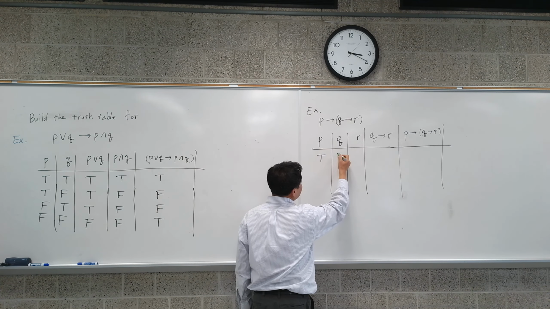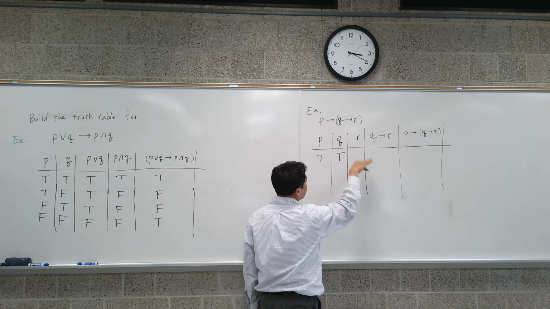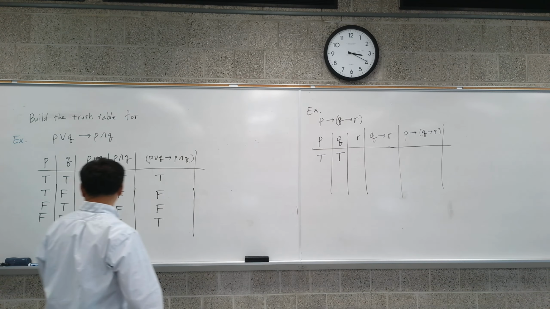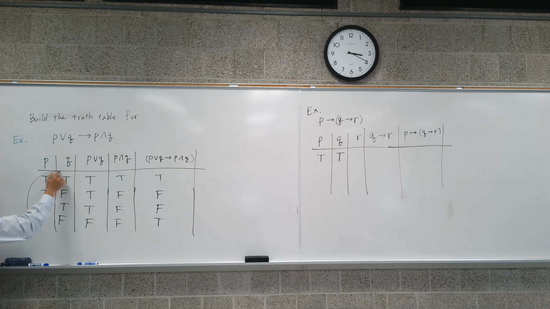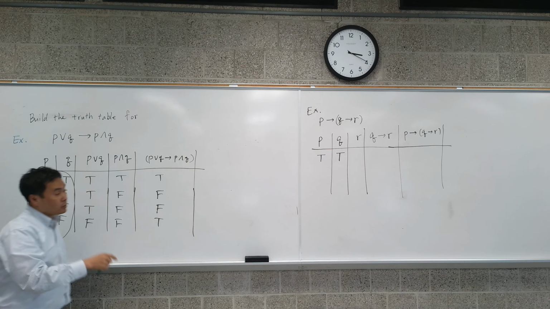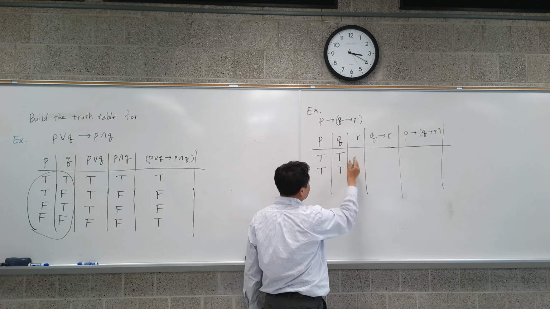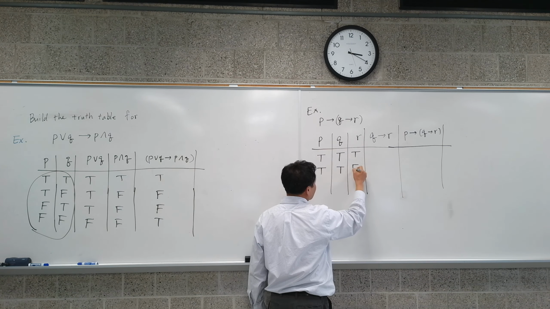So one way to figure out all the possibilities of PQR is to use all of these, but for each one of these pairs, R could be true or false, right? So that's one way to do this. Just write this twice, but then for R, make it true, false.